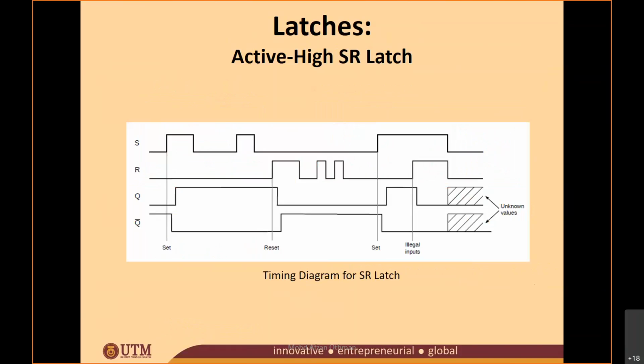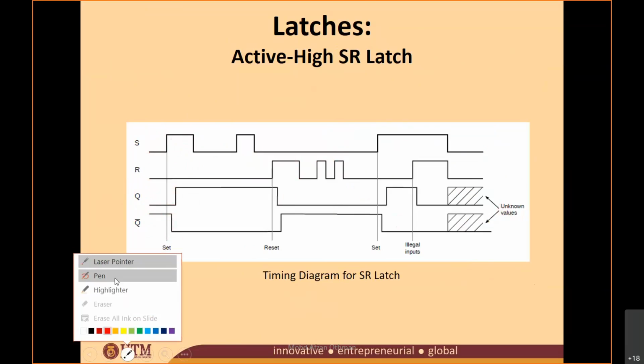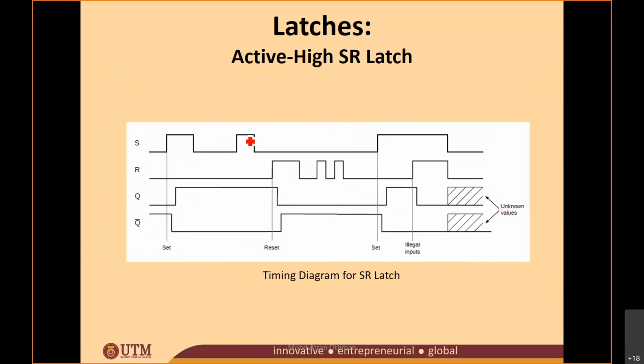So this is the timing diagram of the SR latch. Now you're going to find out what the output of Q is. Assume that Q is not drawn yet. Based on this input S and R, you need to find out what your Q and Q bar are. Every time you see this kind of question, usually for latch and flip-flop questions, you need to draw the timing diagram.